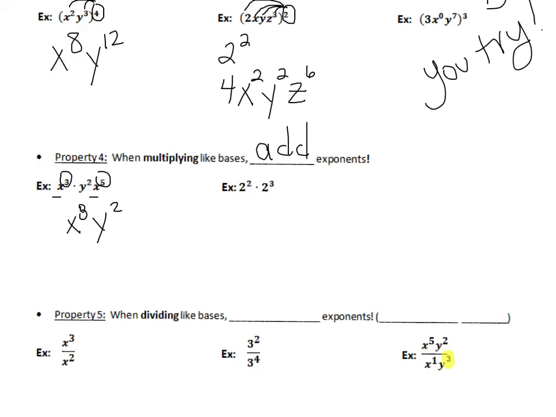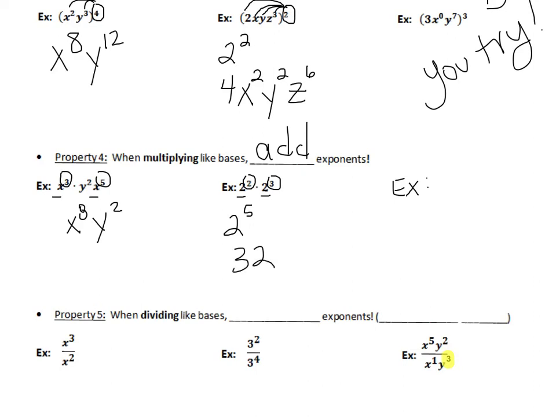Ooh, there's not a third you try. So, actually I don't want to give you guys that one. I'll give you another example. For the second example here, again, 2's the like base, so we keep the 2, and then we add these exponents since we're multiplying the like bases, and we get 2 plus 3 is 5, and then we're going to simplify that. 2 to the 5th is 2 times 2 times 2 times 2 times 2, which is 32.